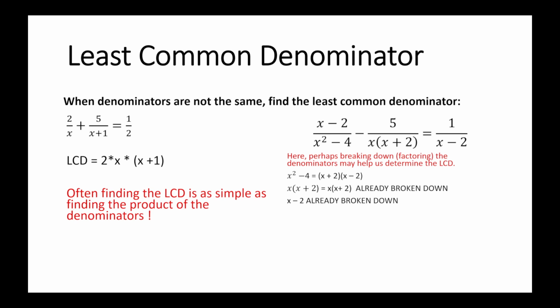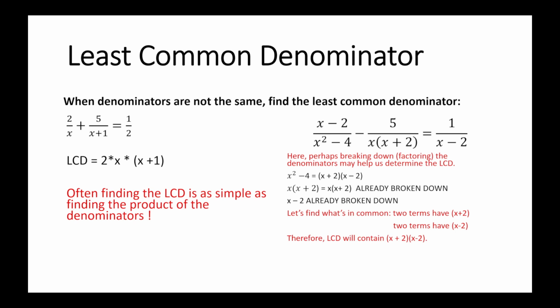So we look to see, do they have anything in common? And what do you know? They do. Two of the terms here have x plus 2 in common, the top and the middle. And two other terms, the top and the bottom, the first and third, have x minus 2. So because they have these in common, you can multiply these two as part of your LCD.